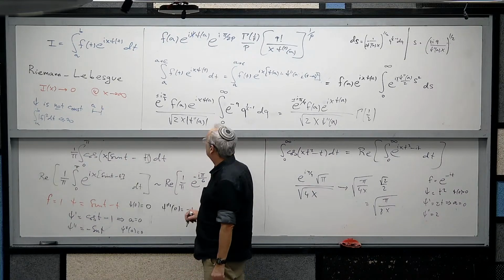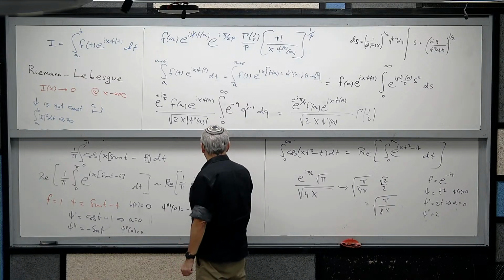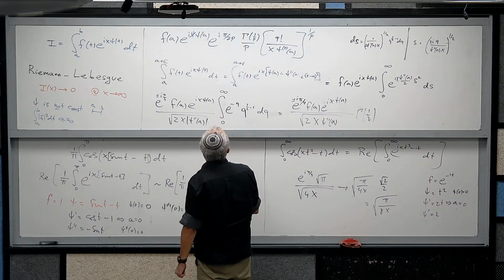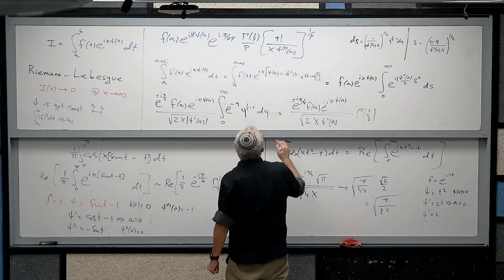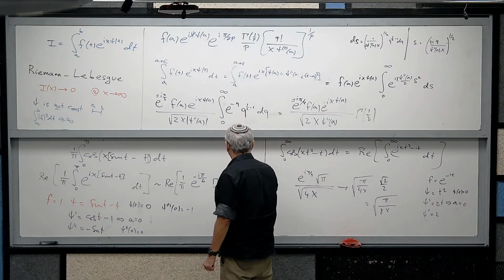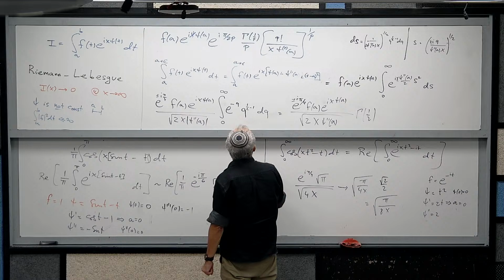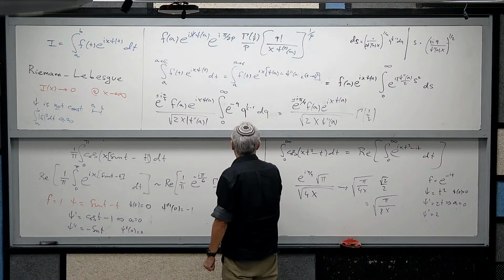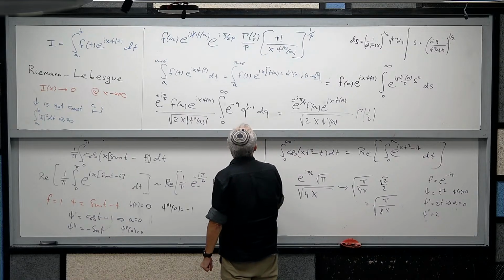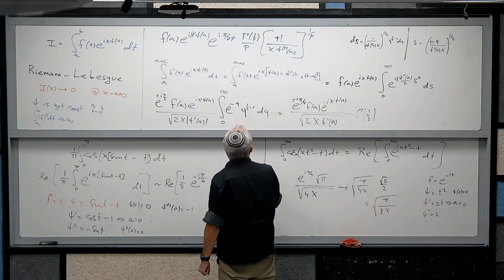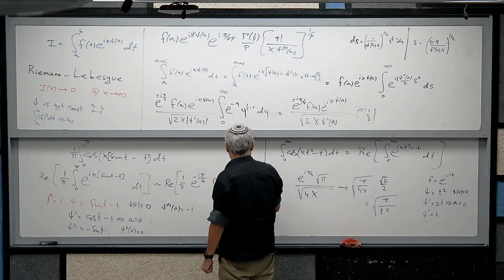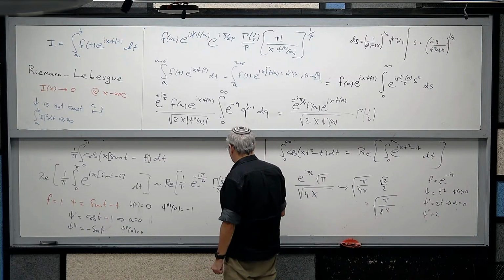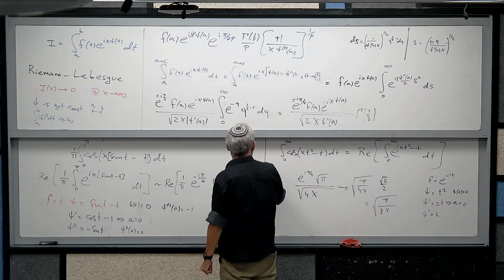Now I have gamma of 1/3 divided by 3 factorial, which is 6, divided by x times the absolute value of psi triple prime, all this to the power of 1/3.